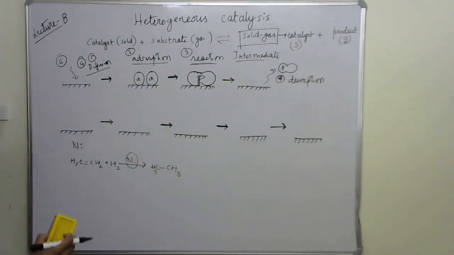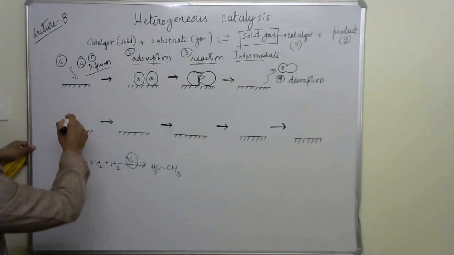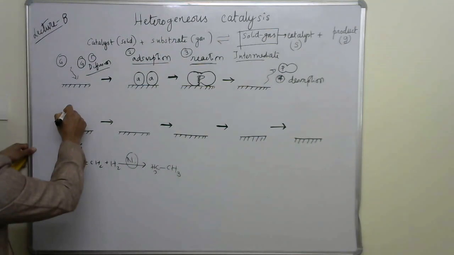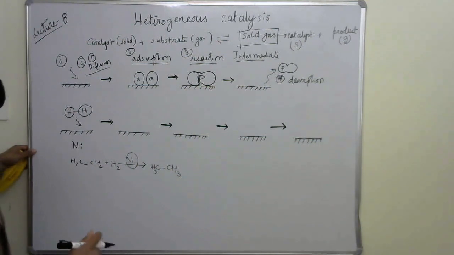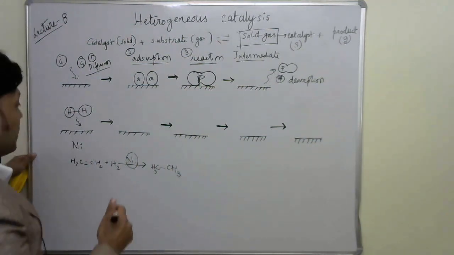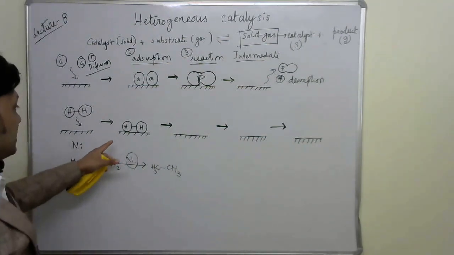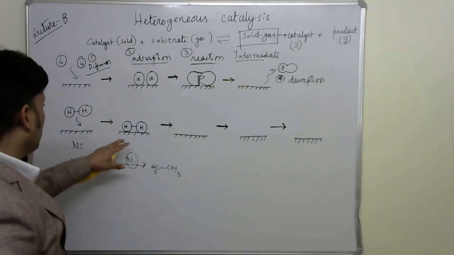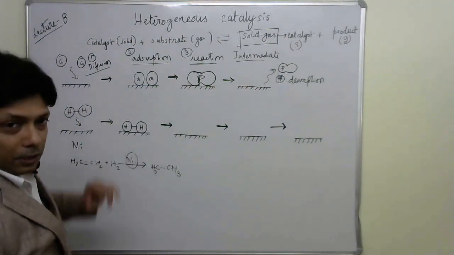So the procedure follows exactly like that. First of all, we have the hydrogen gas molecule. It would be diffusing in near to the solid surface, and the next step is the hydrogen molecule would be sitting on the solid surface, behaving as an adsorbed molecule. Okay, so this we call hydrogen adsorbed on the nickel surface.